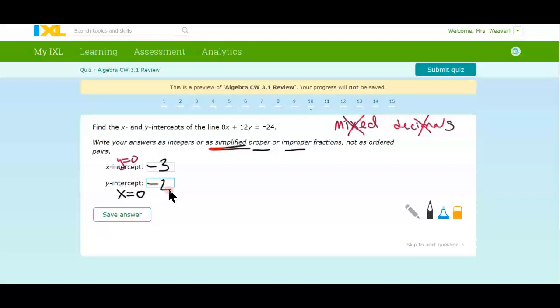If you got either of those wrong, I'm going to show the work real quick so you can check your work against my work. This is the minimum amount of shown work. We need to actually show the step where we substitute in 0 for y. Don't skip that. That is showing our understanding of the concept.